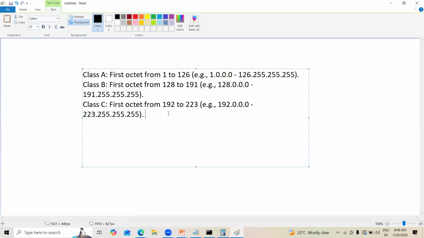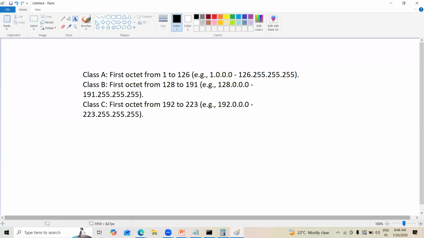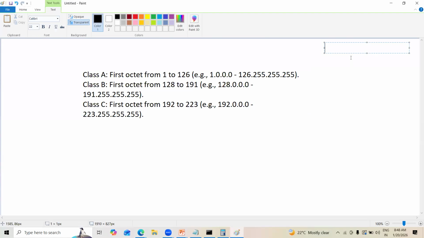So you can see what I told you. The highest number, with each octet at its maximum, is 255.255.255.255.